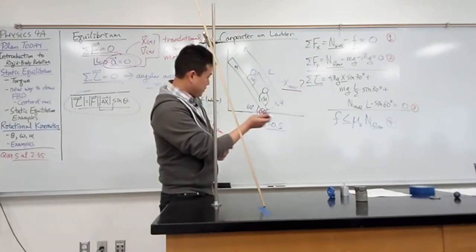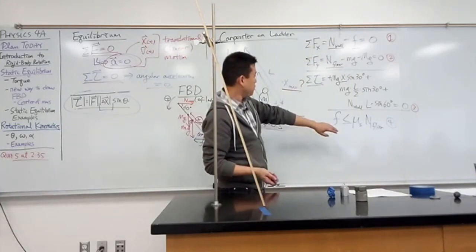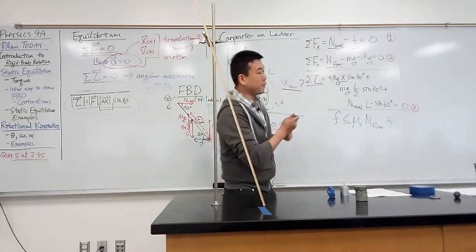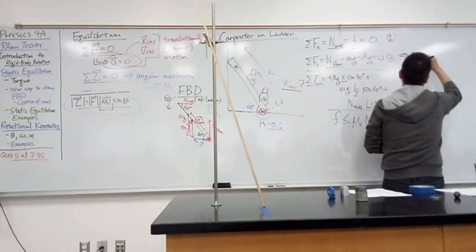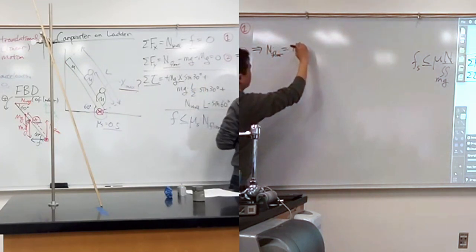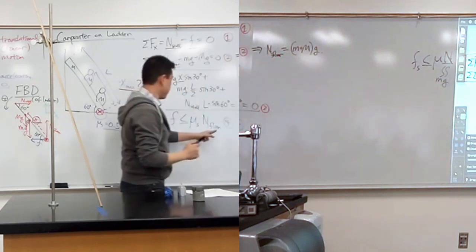So let me do it this way. I'm going to try to put everything into this expression here. So I'm going to solve this for n floor. So let me say normal force from floor is equal to this, so small m plus big M times g. I'm going to plug this in here.